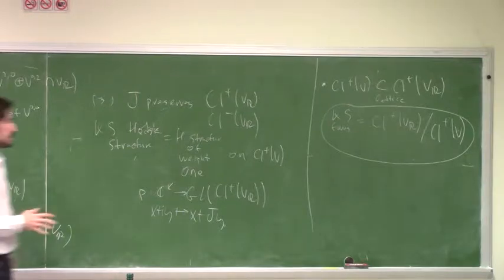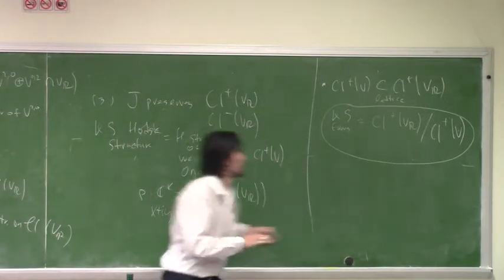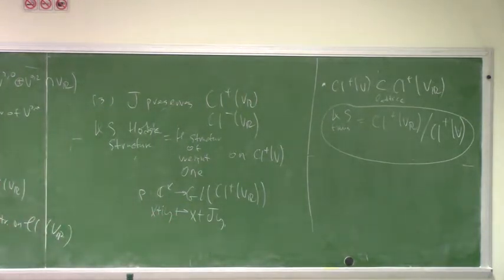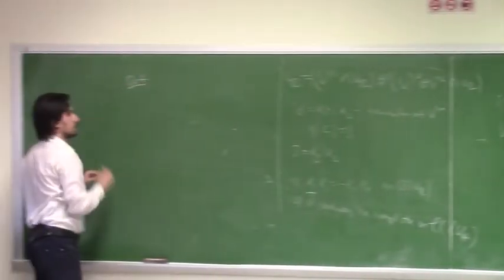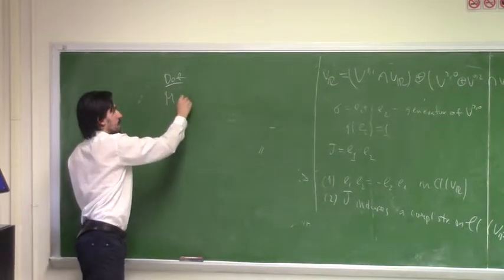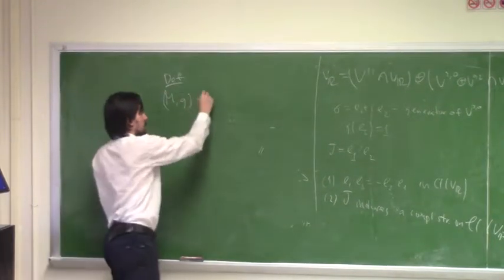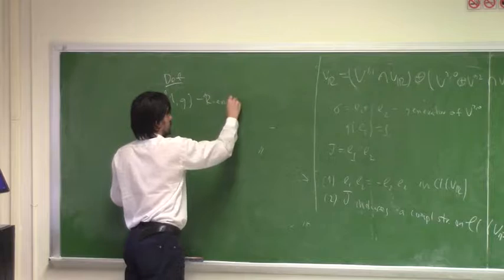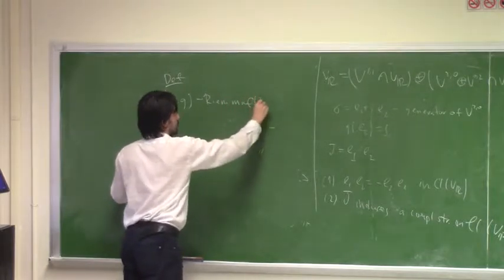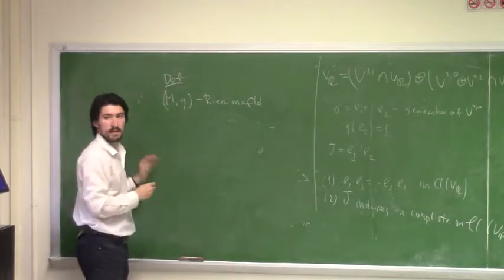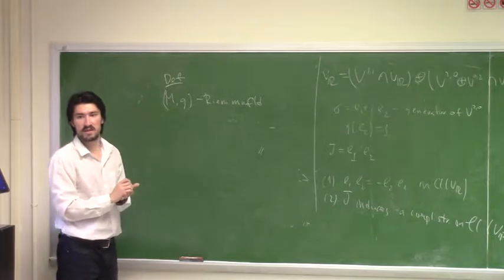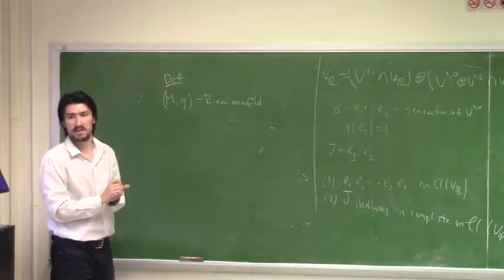Let me recall the definition of hyperkähler. So we start with a Riemannian manifold (M, g). You could have done this with a degenerate Q, right? The only thing you really needed is that Q is non-degenerate.